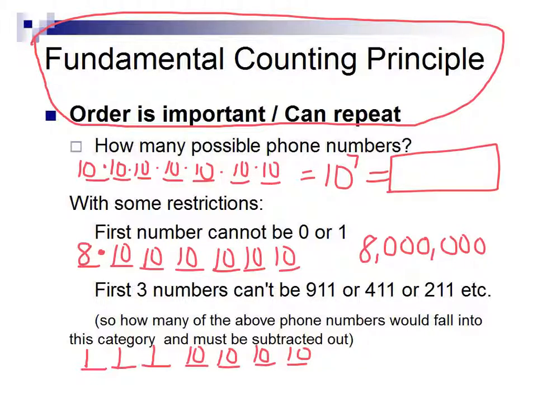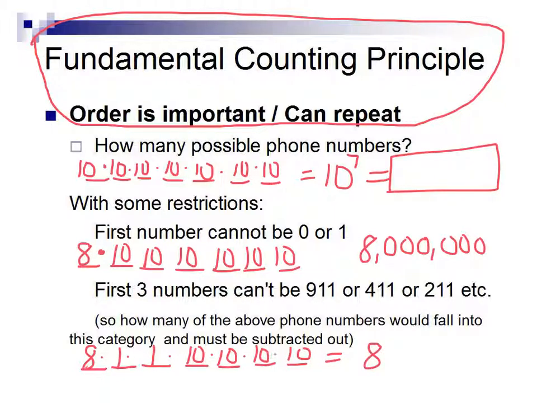And then I'm actually going to tweak this even more, because this restricts it to just 911. But remember, it can't be 411 or 211 or 711 or anything else, so I'm going to change this first number. I actually have more than one option there. Now, it still can't be 0 or 1, but it could be 8 other numbers. And so what I end up with is, remember, we're always multiplying these together.